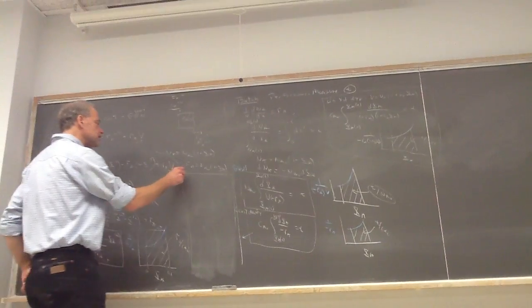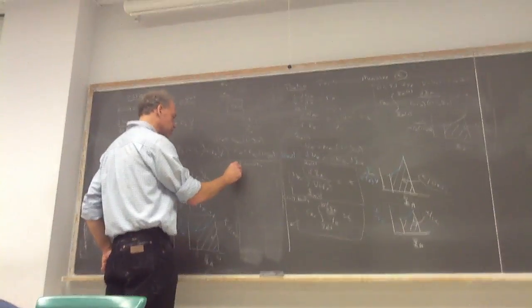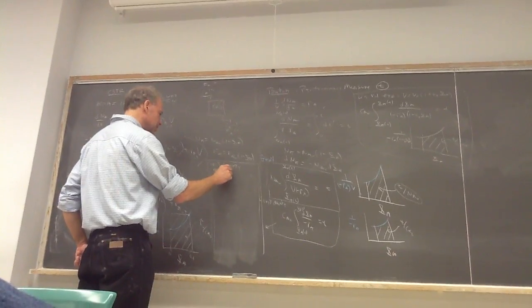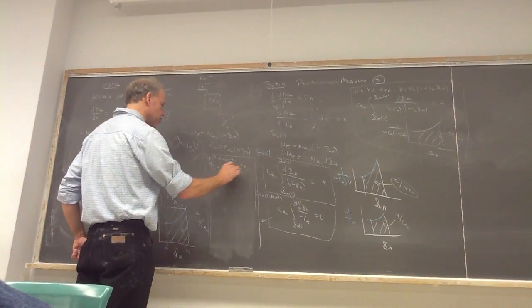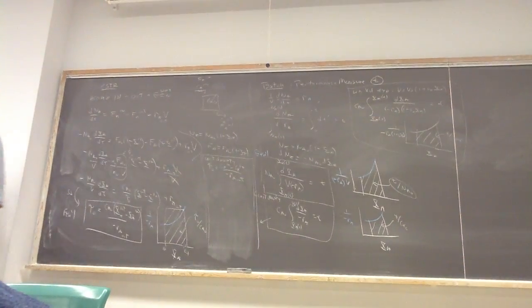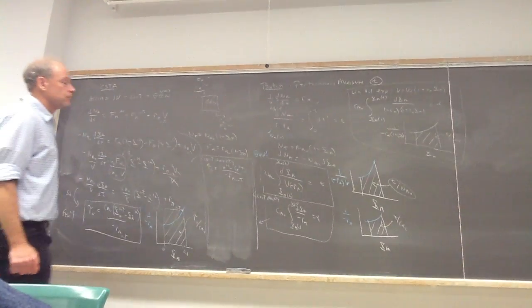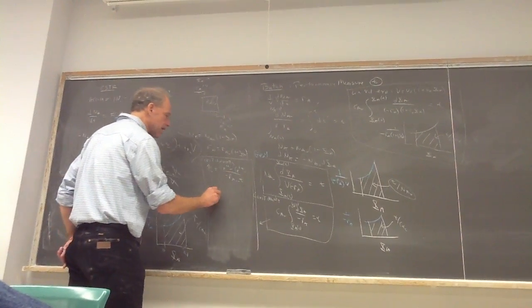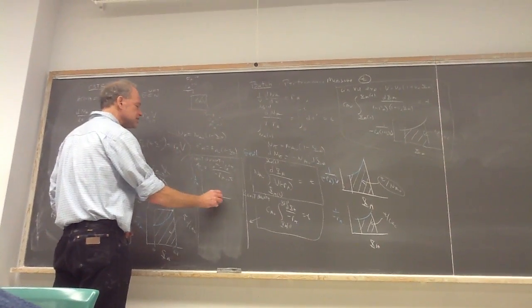So for constant density, I have tau 0 equal to CA in minus CA out over minus RA out.